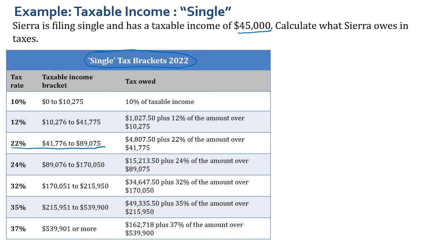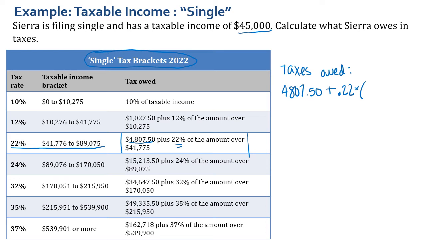So let's figure out what she's going to owe. We know she falls into that bracket, so we're going to use this formula. Her taxes owed will be $4,807.50 plus 22% of the amount over $41,775. So 22% is 0.22, of means times, the amount over $41,775.